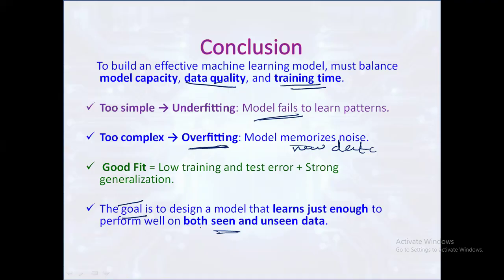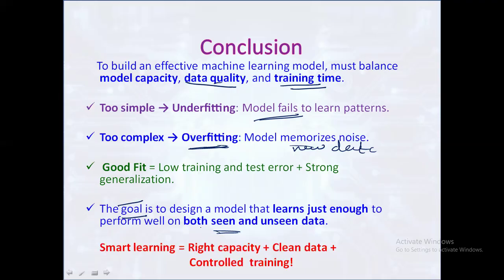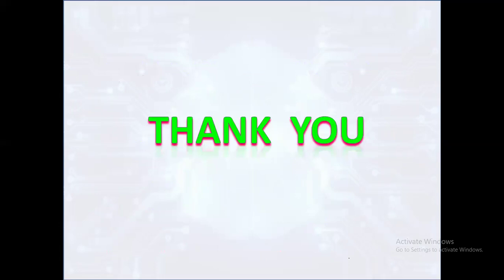We have to balance. So in order to achieve the balance, we have to find the optimal point to stop, before going to either overfitting or underfitting. So smart learning comes from right capacity, clean data, and controlled training.